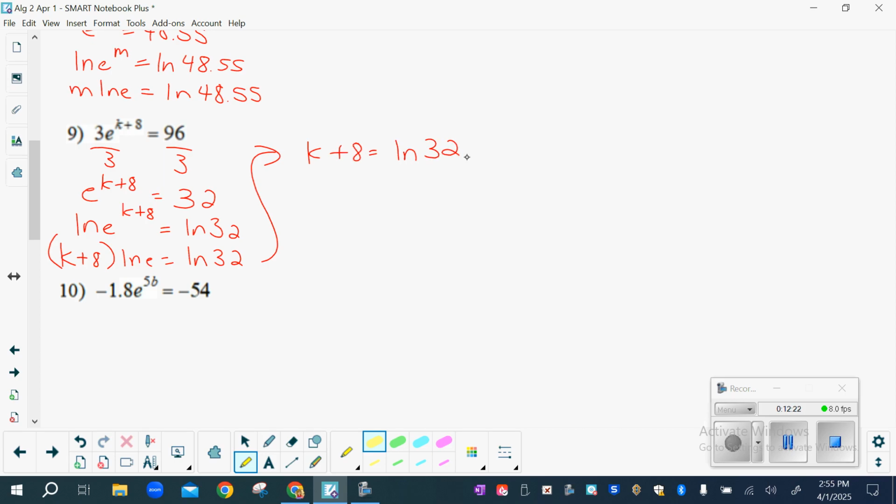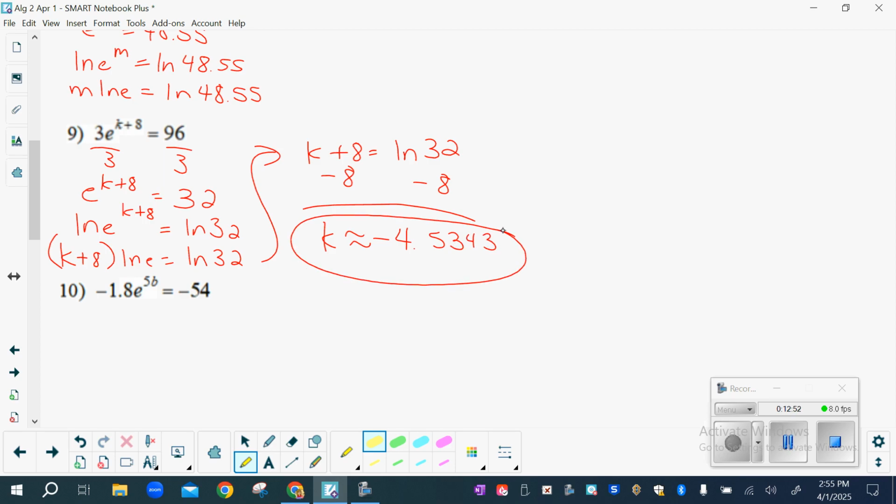And then what would my last step be on this? Somebody decides. Subtract 8, good. So k is about negative 4.5343.